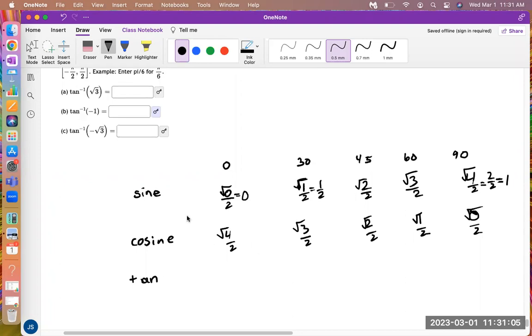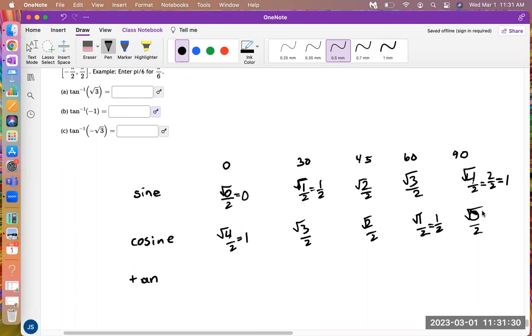which simplifies to 1. Cosine of 0 is the same thing, it simplifies to 1. Cosine of 30 degrees is square root 3 over 2. Cosine of 45 is square root 2 over 2. Cosine of 60 degrees is square root of 1 over 2, which reduces to 1/2.